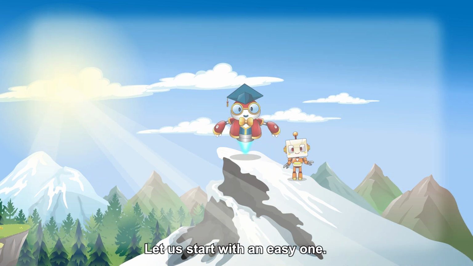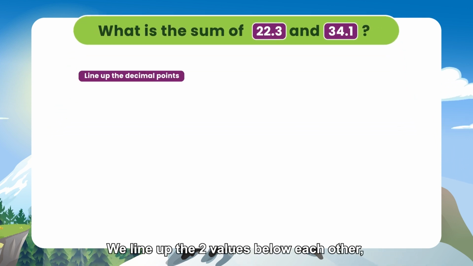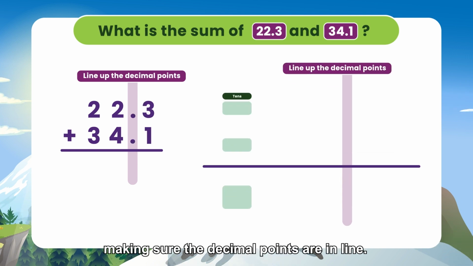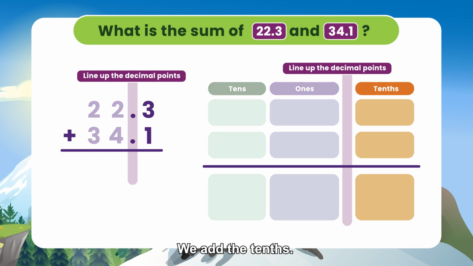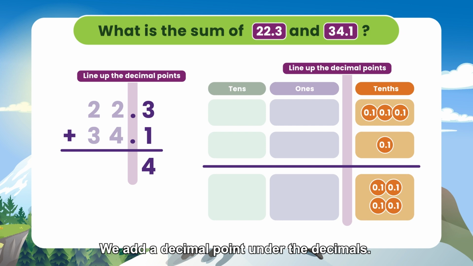Let us start with an easy one. What is the sum of 22.3 and 34.1? We line up the two values below each other, making sure the decimal points are in line. We add the tenths. 3 plus 1 is 4. We add a decimal point under the decimals.